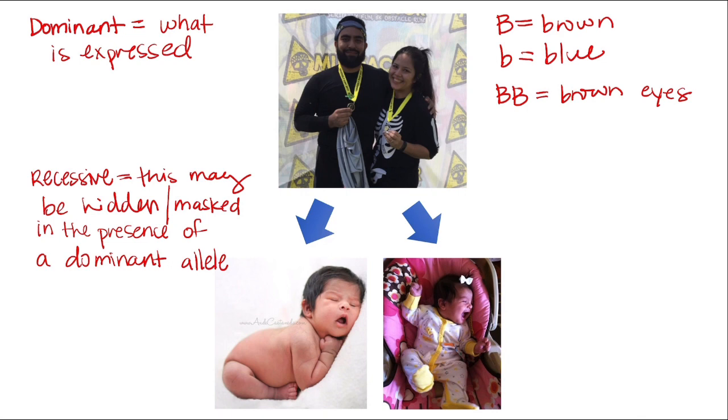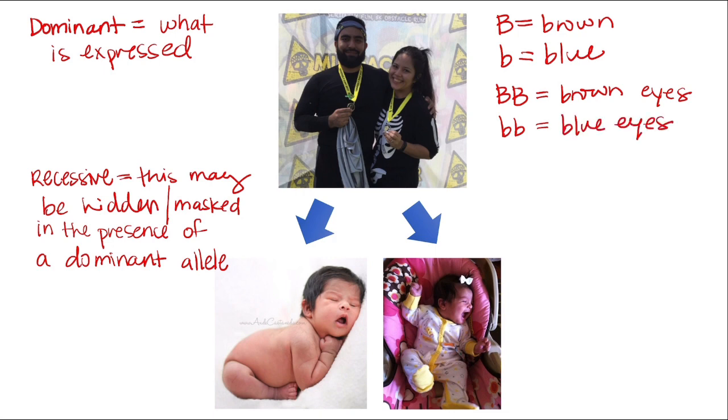If you have two copies of the recessive allele, so two lowercase b's, and one thing to know is that we always denote the dominant allele by using a capital letter and a recessive allele by a lowercase letter, then of course you're going to have blue eyes.